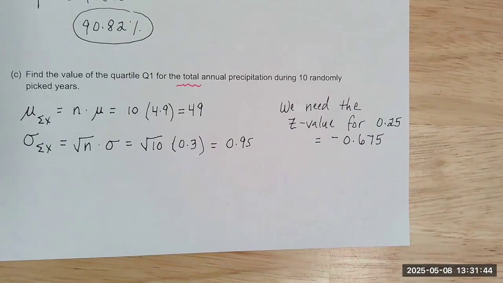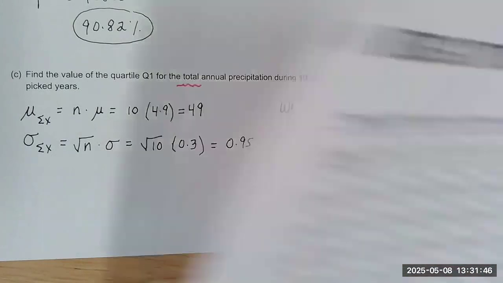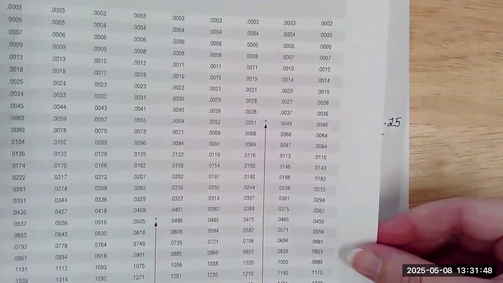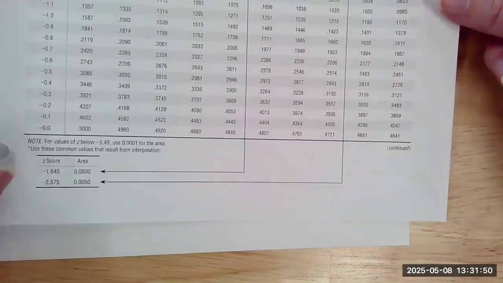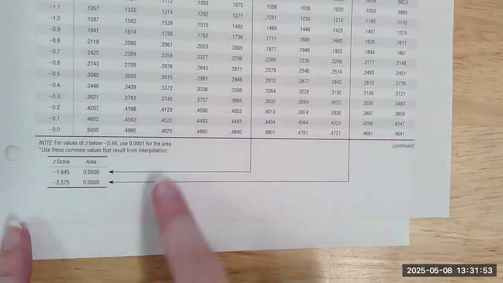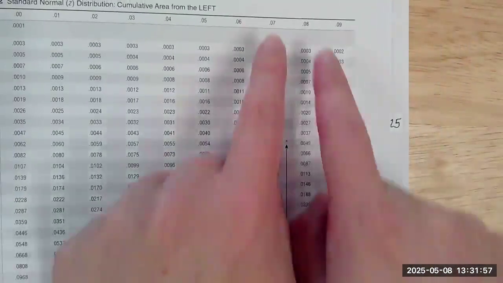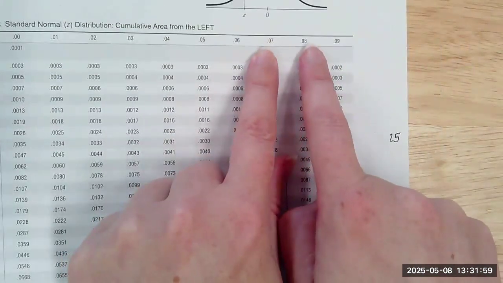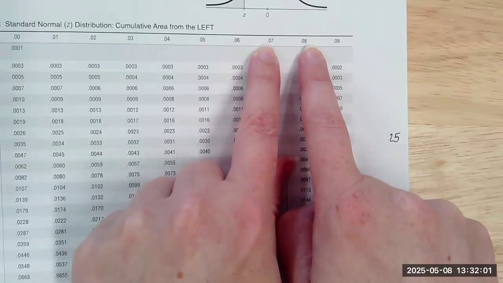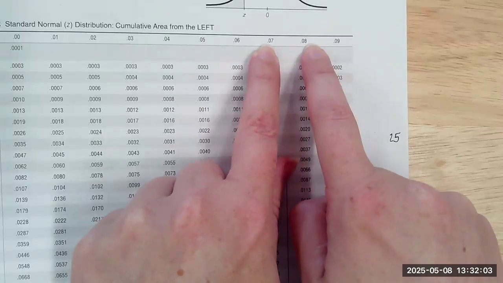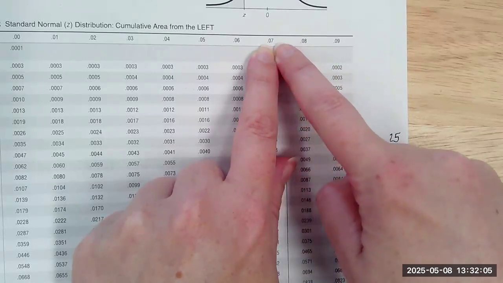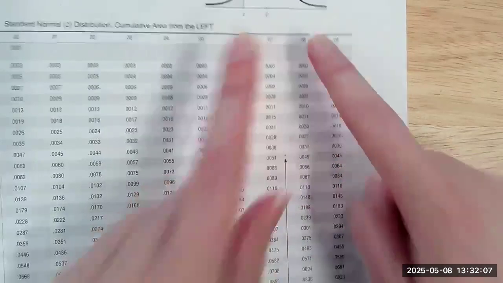Why can't you do 0.7? So when it's right in between them, she's got on the directions on the bottom of her table, if it's between the two numbers, we go between the two values. And so it was between these two values. So we're going to do 0.675 because it's in between the 0.7 and the 0.8.